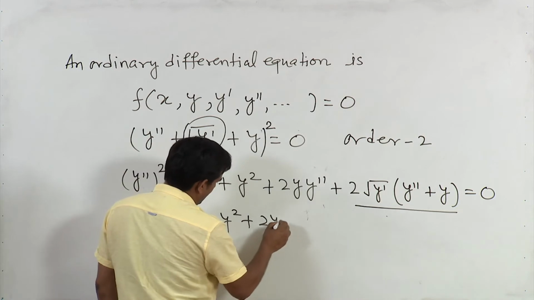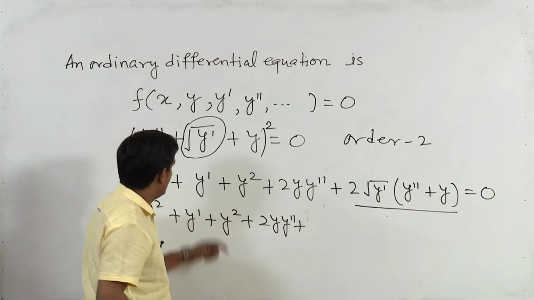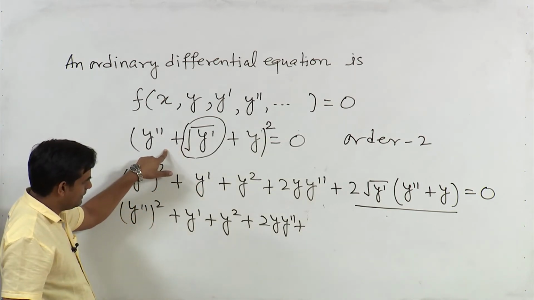plus twice y double prime, plus I can substitute this from the original equation.